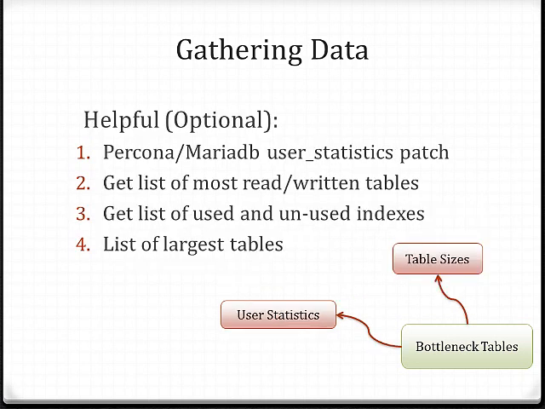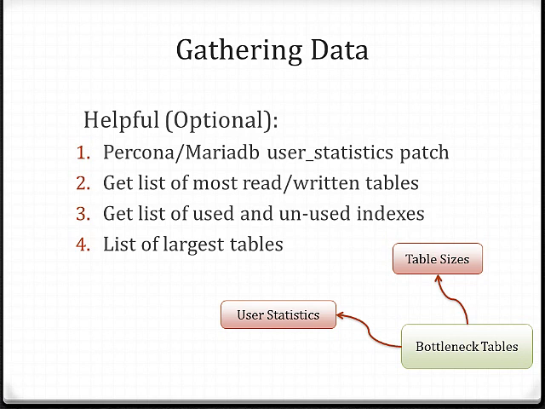In addition, it's helpful to use the Percona MariaDB user statistics patch, which was from Google. That patch gives you information about how tables are used, in terms of how many rows are read and written to that table, and which indexes are used, in terms of how many rows in those indexes are read and written to.